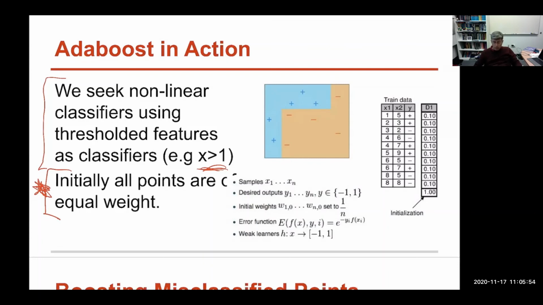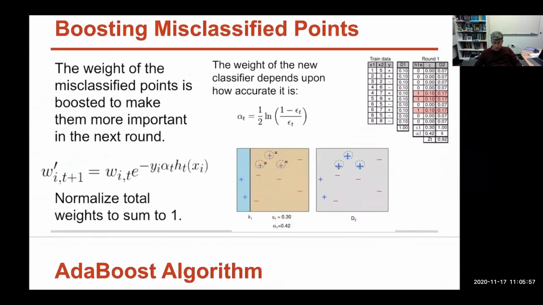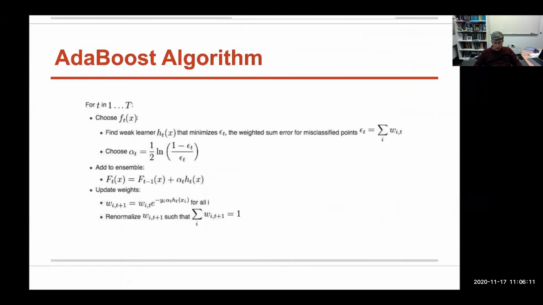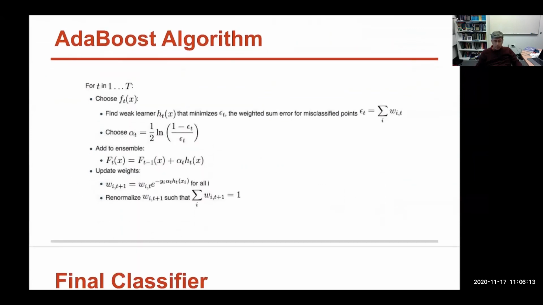What are we going to do? We are going to, one by one, add a new classifier to our mix. If we look at the AdaBoost algorithm, we are always going to try to find a new learner, a new classifier, that does well on the current weighted point set.